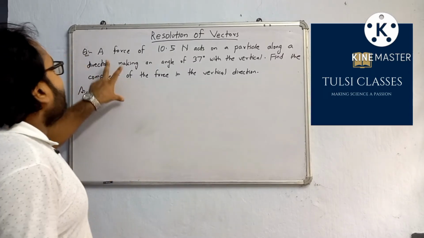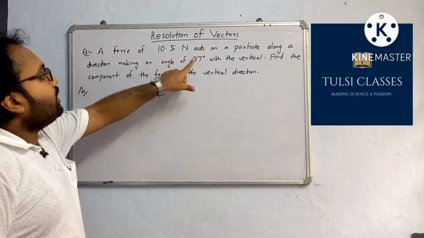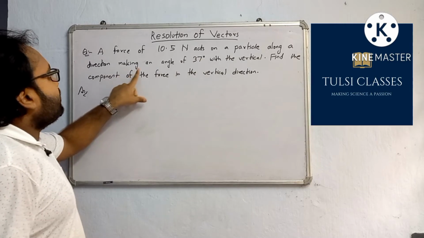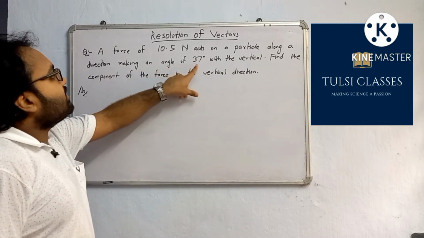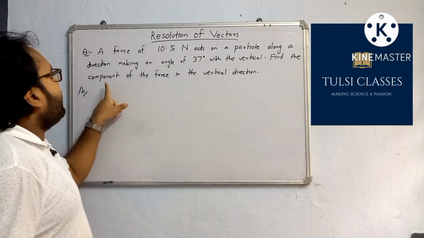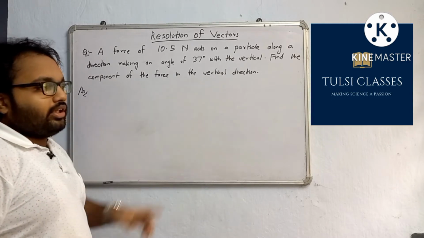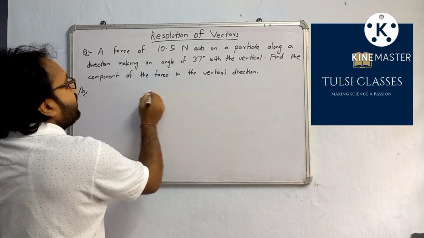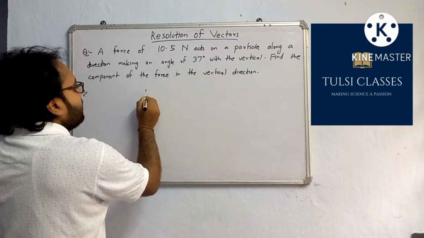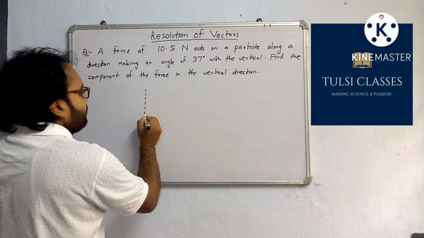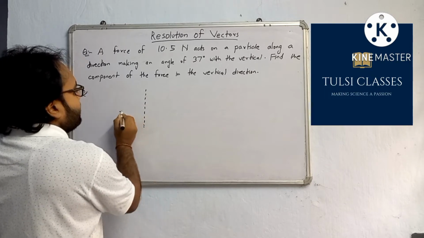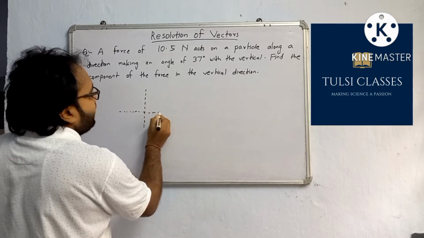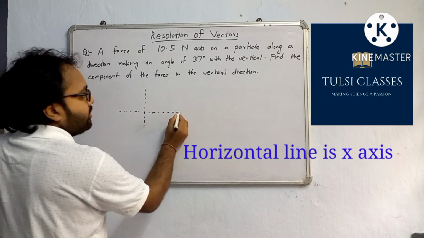Our question says: a force of 10.5 Newton acts on a particle along a direction making an angle of 37 degree with the vertical. Find the component of the force in the vertical direction. If we make a short diagram, it will be like this. This is the y-axis, that is the vertical direction, and the dotted line represents the horizontal direction.